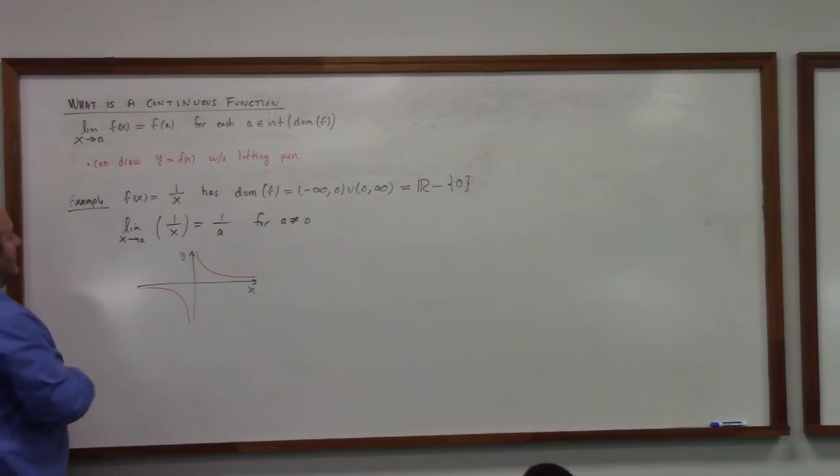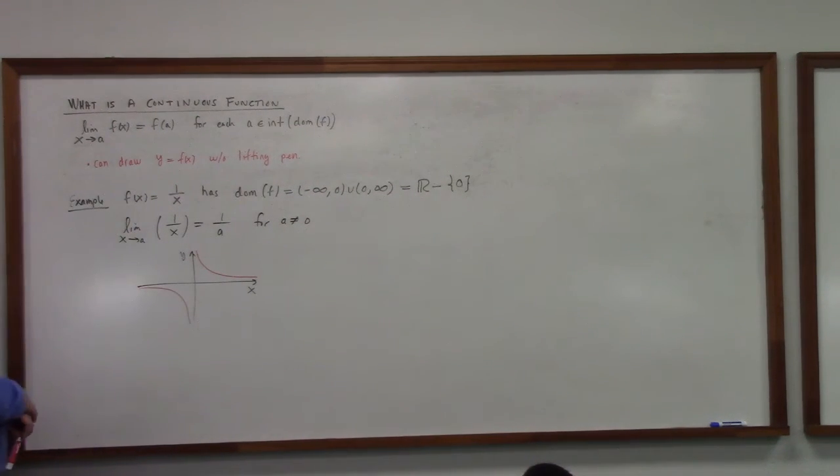So this slogan, a continuous function is one you can draw without lifting your pen, it assumes something. For us to make that statement true, we have to tack on a condition. We have to say a continuous function with connected domain is one that you can draw without lifting your pen.